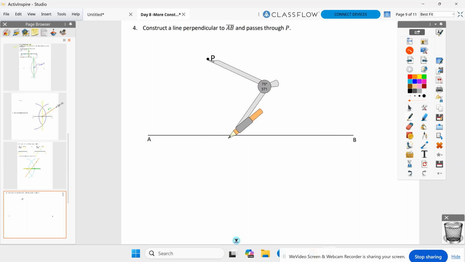So it's going to look like a smile here. Okay, so make an arc that intersects in two spots. Mark those two points of intersection on AB.